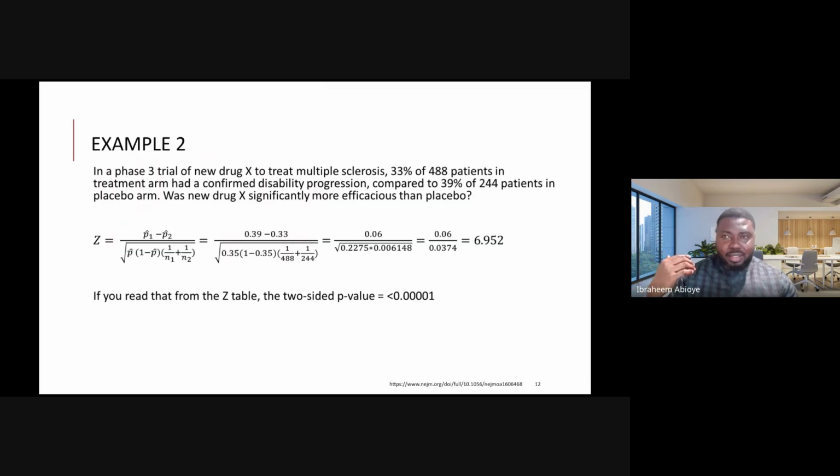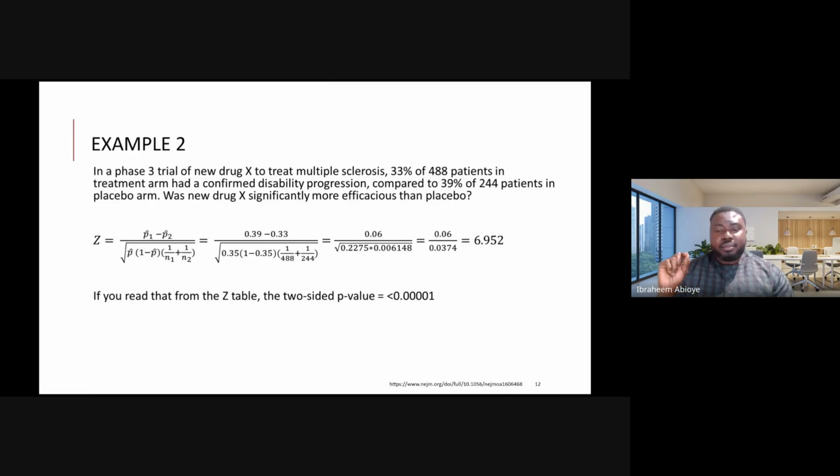One group gets lisinopril, another group gets maybe a diuretic or something like that. And you're comparing both groups. You're looking at the blood pressure after 6 weeks in both groups. You want to see how many people have hypertension in group A, how many people have hypertension in group B. So you have two proportions. If you want to compare these two proportions, you can use the Z test.